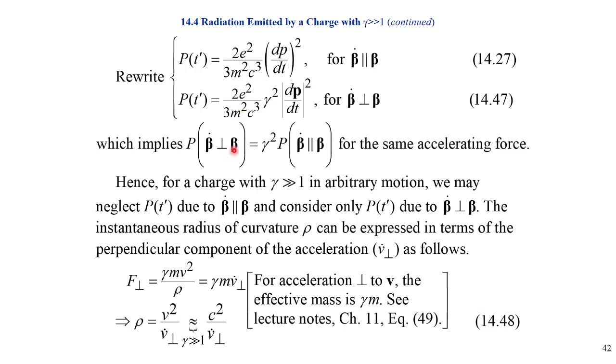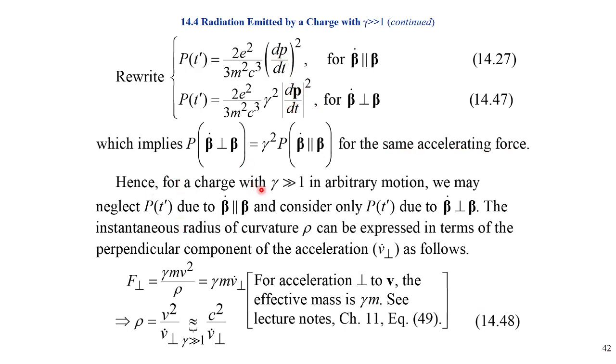Okay, what happened? Looking at the coefficient, if we have the same force, these terms will be the same. Same force. So obviously, gamma squared times P parallel gives P perpendicular for the same accelerating force here.